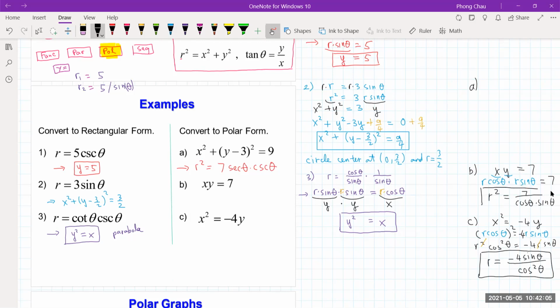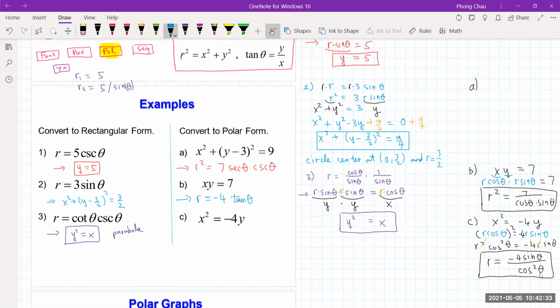Now that's a polar equation, right? Once again, if you don't like the fraction where it looks a bit complicated, you can use trig identities to rewrite it. It's negative 4. I can rewrite that as sine over cosine, which is the same as tangent of theta.